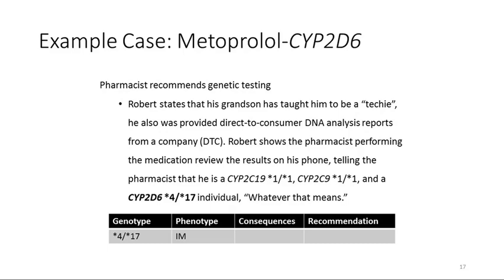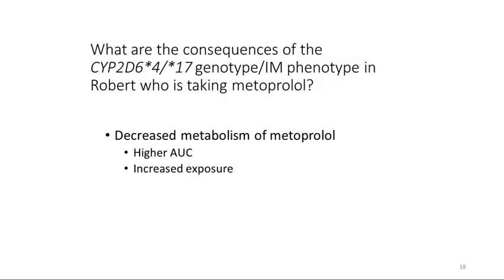Metoprolol is given in the active form, so the intermediate metabolizer is going to have greater exposure just based on their genetics. And what that plays out in is a higher area under the curve, right? So there is a higher concentration for a longer period of time.